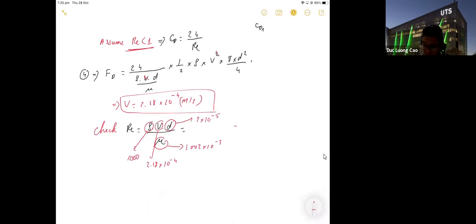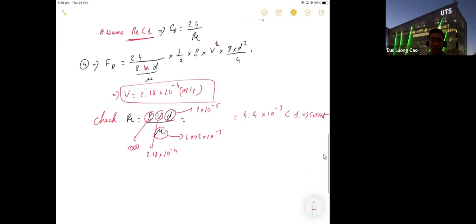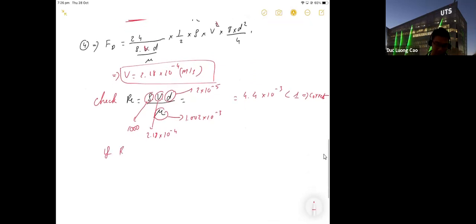So the Reynolds number here is 4.4 times 10 minus 3, smaller than 1. So the assumption is correct. But if you have a Reynolds number higher than 1, you use trial and error.